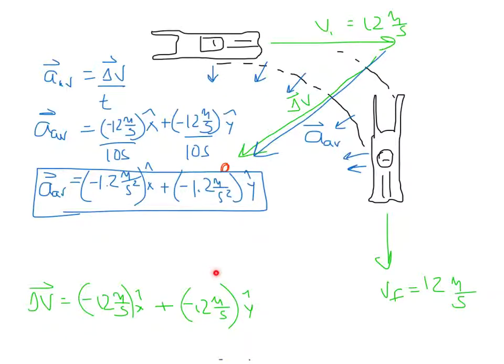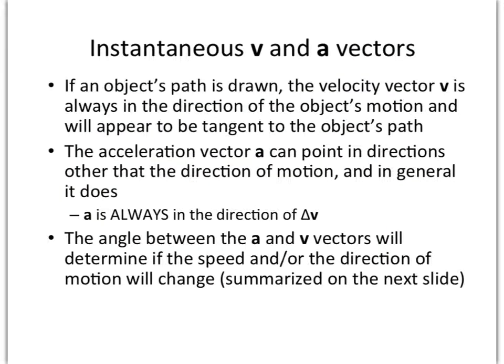Last little bit right here, we'll take a few minutes to go through, and that's just identifying vectors. Kind of like we just talked about, the acceleration vector is always going to be along the exact same line as the change in velocity vector, because acceleration equals change in velocity over time.